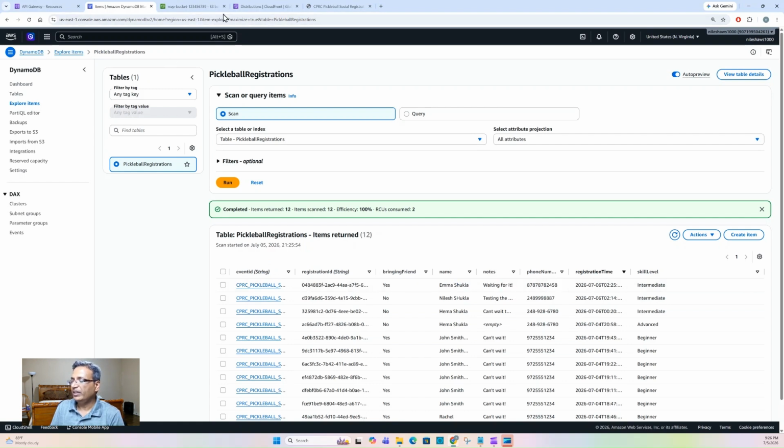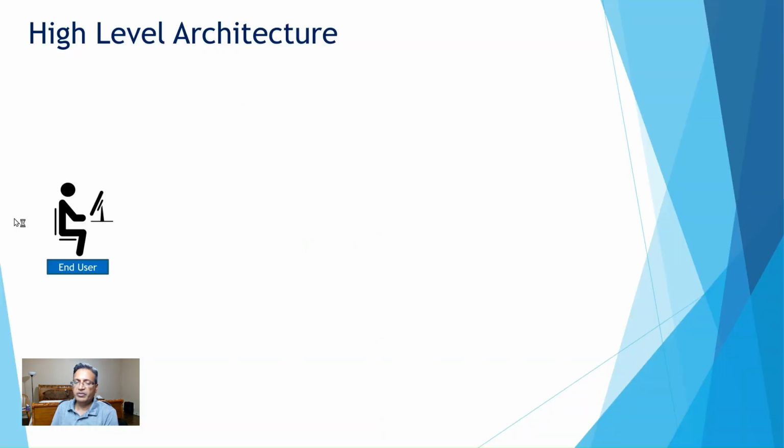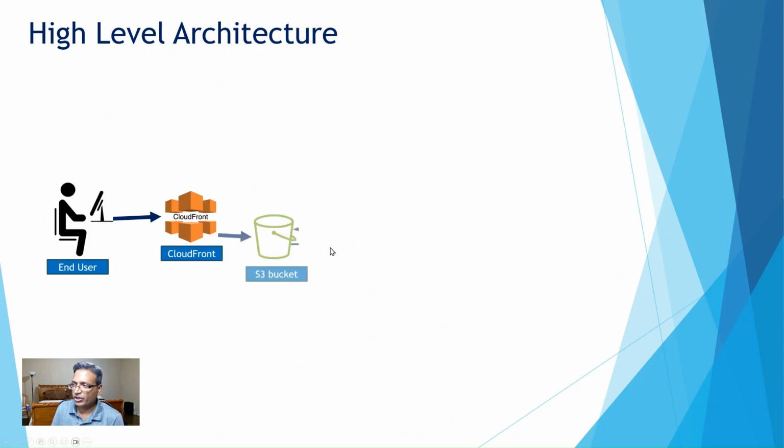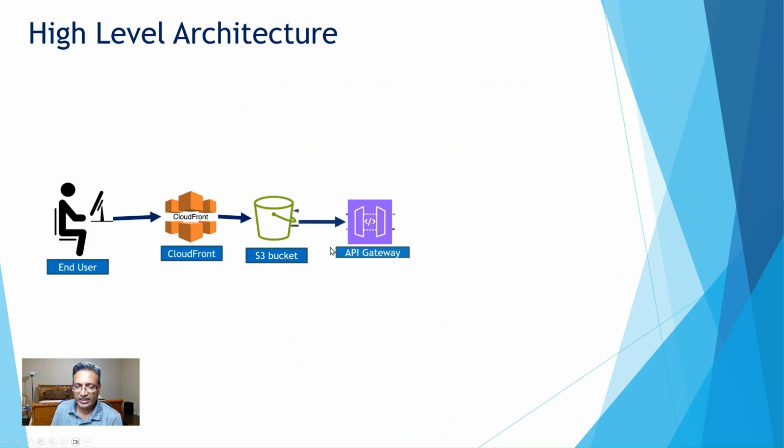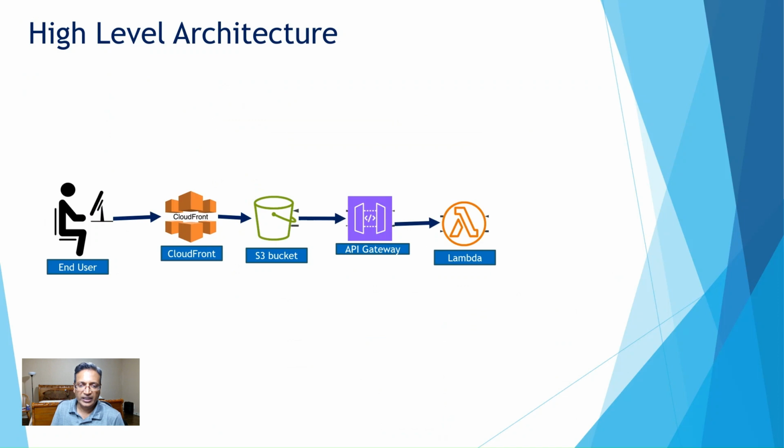So what we demonstrated here is that an end user can go to the browser, and then they go to the CloudFront-enabled website, which is actually hosted on an S3 bucket, and then the web page connects to the API Gateway, and from API Gateway, a Lambda function is called, and then from the Lambda function, there is code that inserts data into DynamoDB.